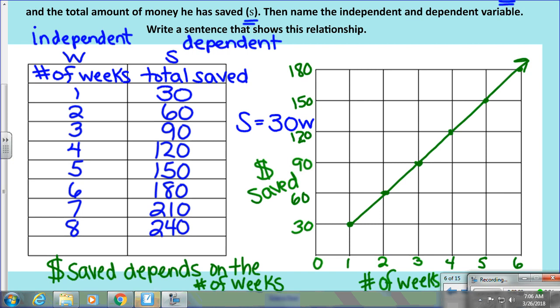And that's how you take a word problem, translate it into an equation, fill in a table, and make it a graph from the table.